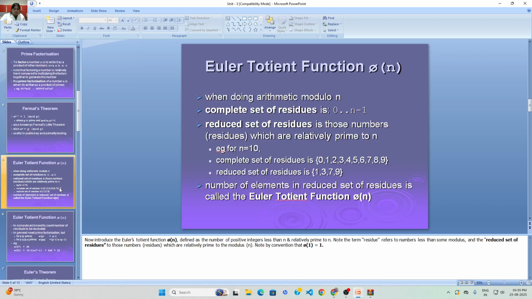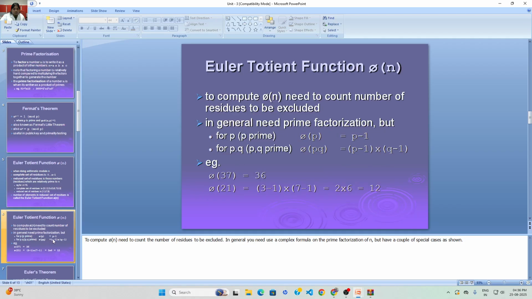In this range, 1, 3, 7, 9 are relatively prime to 10. The rule of Euler's totient function is a to the power phi of n is congruent to 1 mod n, where a and n are co-prime or relatively prime, and phi of n is Euler's totient function.